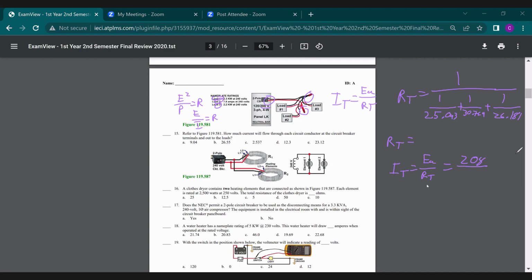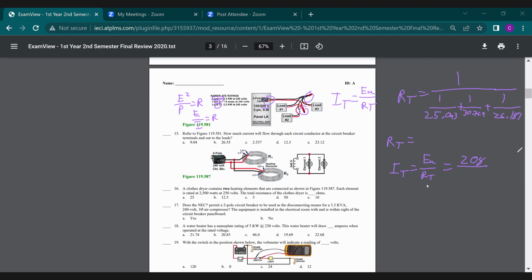We're going to have to use our 1 over x method. So what I'm going to do is type 25.043, press 1 over x, and then press the plus button. I'm going to type in my next one, which is 30.769.